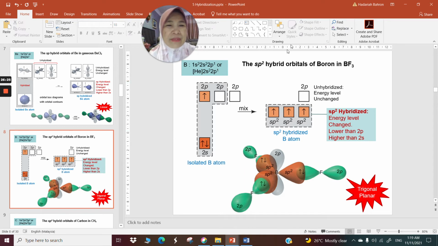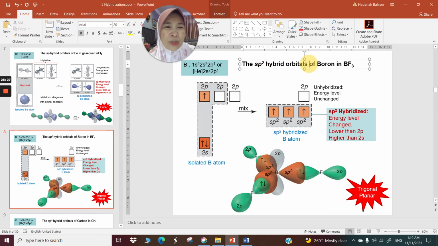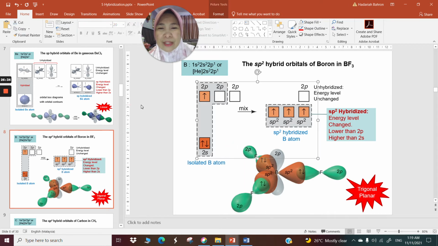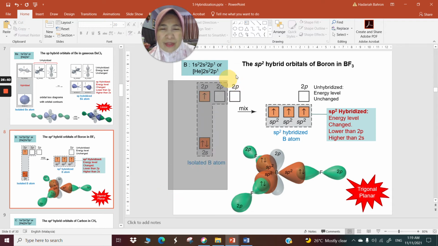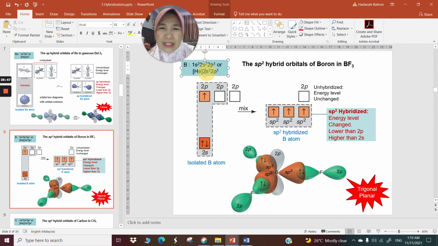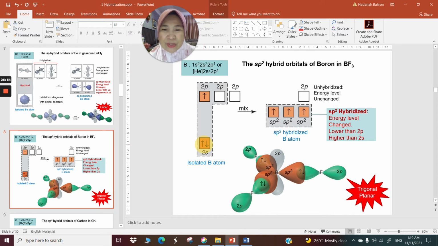Right, so let's have a look at the sp2 hybrid orbitals of boron in BF3. Now, this is your boron. Yep, I'm going to take this boron. That's your boron, and boron has an electron configuration of helium 2s2 2p1. So that's your 2s2, that's your 2p1.